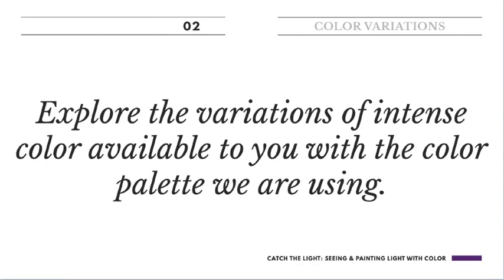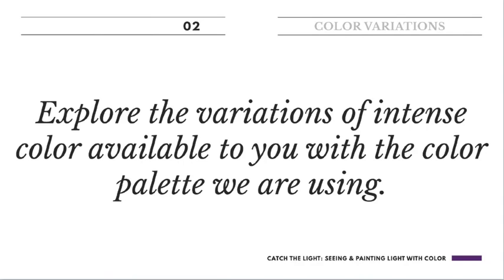Our second topic is how to select color variations to describe those color masses. First, explore the variations of intense color that are available to you with the color palette we're using. So as we review the color variations exercise, we explored some of the variations of intense color that you have to work with so that you know what's available. The best way to become aware of what's available is to experiment with a lot of different mixing options.